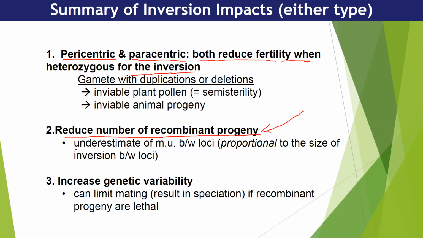So the immediate consequence is that if there is an inversion heterozygote and we use this model to do genetic mapping, we are going to underestimate the genetic distance between loci. And the good thing about the inversion is that within a population, it can increase the genetic variability. So, a good thing, or sometimes a bad thing.